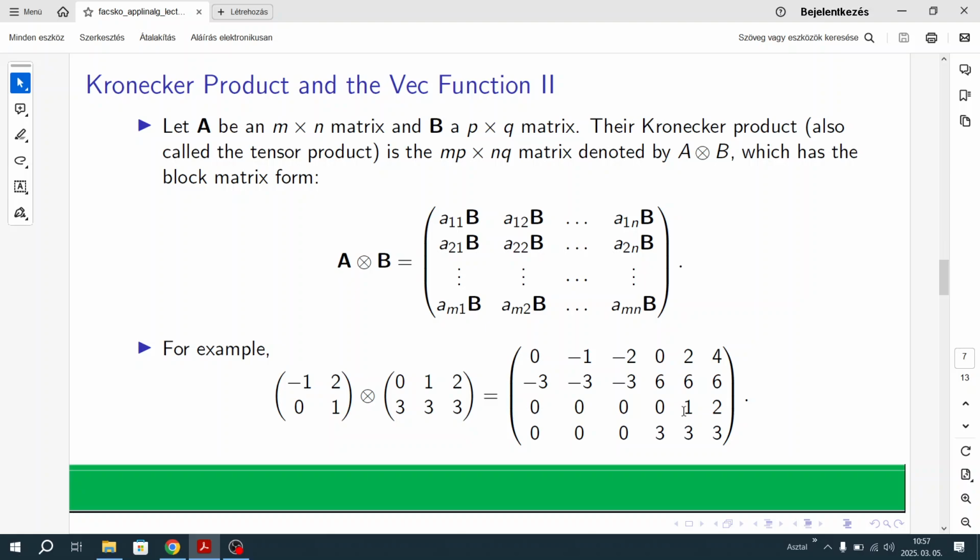For each element of the first matrix, you take the second matrix and multiply it, and you get this huge matrix.